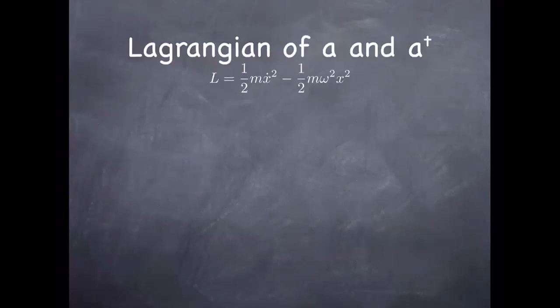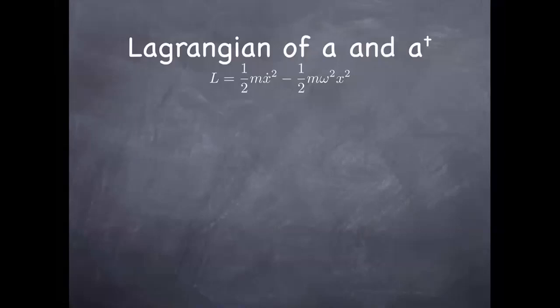And this is the thing you probably have not seen. Now that we find this creation and annihilation operator so useful, it's a lot easier if we start with them. So we used to write the Lagrangian of the harmonic oscillator this way, the familiar expression, kinetic energy minus potential energy.